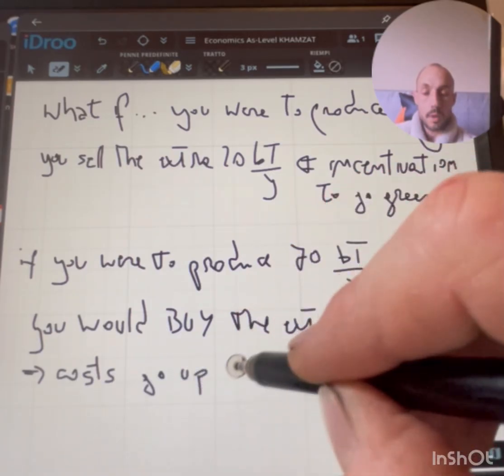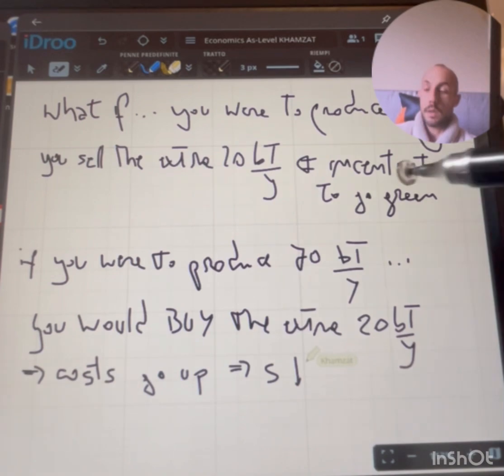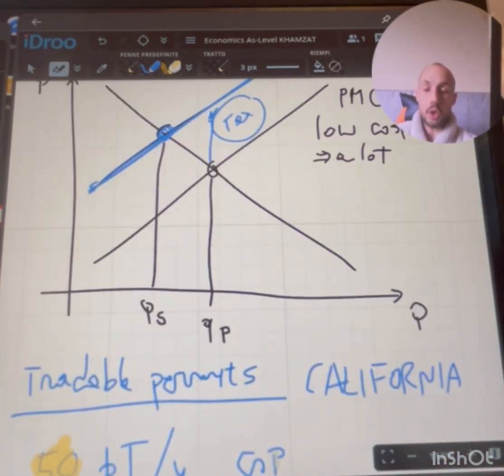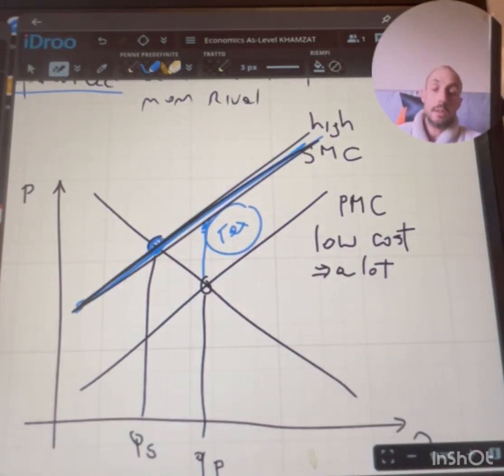Yeah. And it means that your supply goes down, correct? Yes. And so eventually you come to this curve here. So whether the government puts a tax or a tradable permit, it works the same, because firms that were producing too much are going to face new costs.